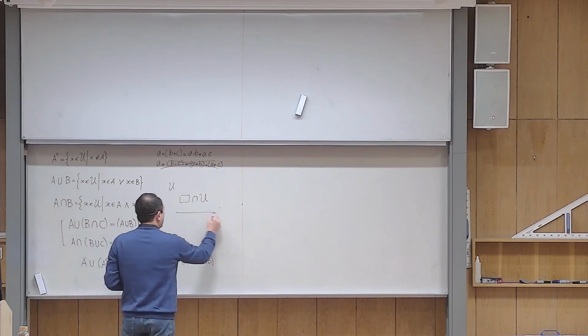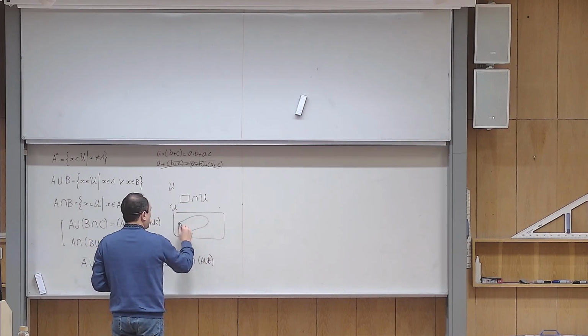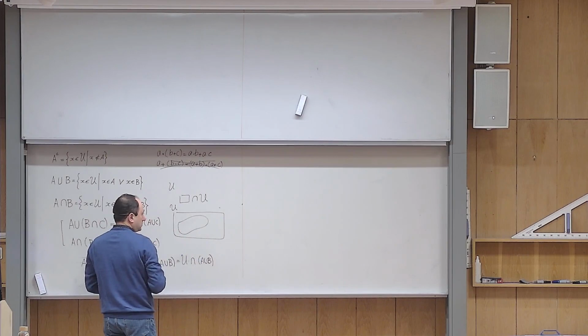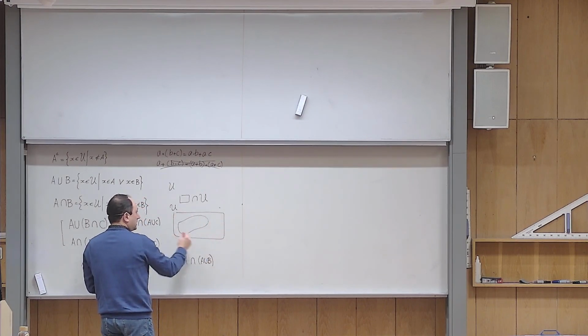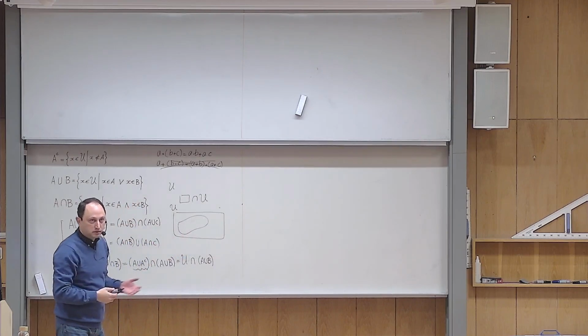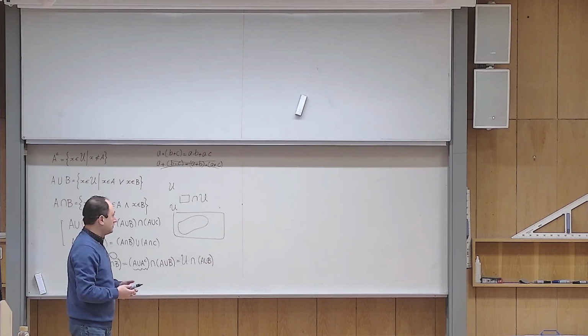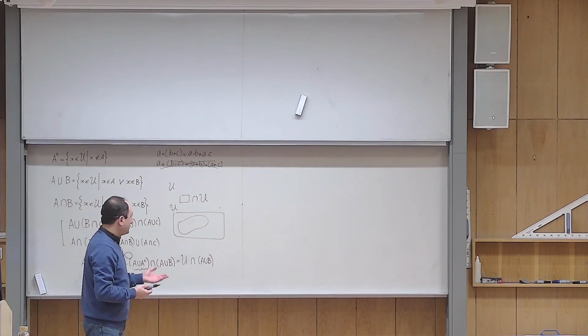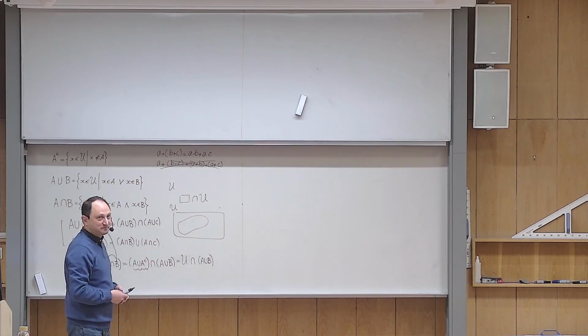So assume that this is my rectangle, the universal set, and then I have a set. I don't even give it a name. If I take this one and this big rectangle and look for the intersection, meaning overlapping parts, what do I get?